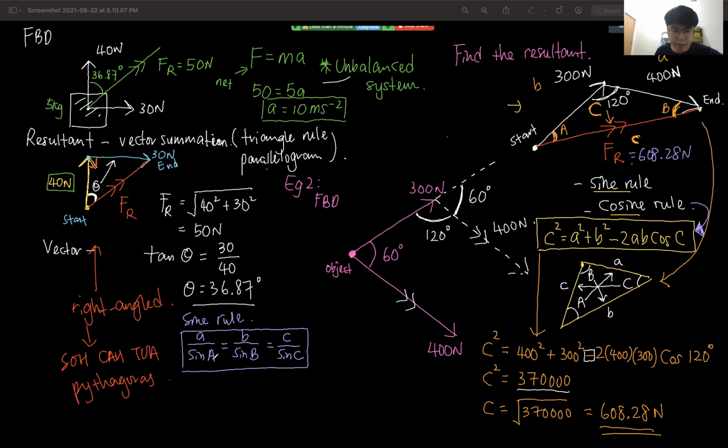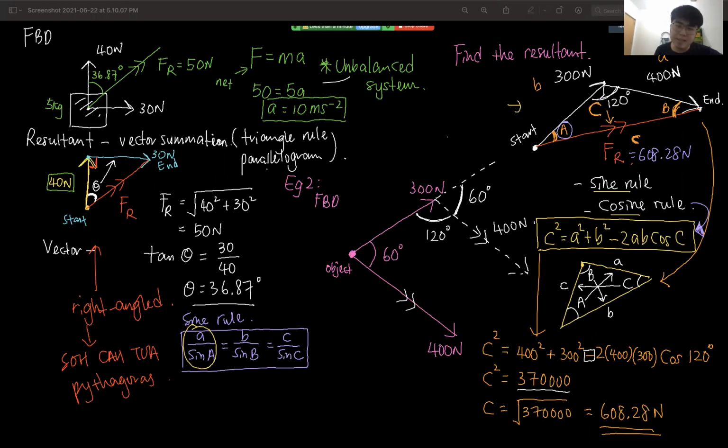So here, find the angle. Which angle we want to find? Let's say I want to find angle A. So I'm going to choose this one, a over sine A. Which one is given to you? The 120 is given to you, right?